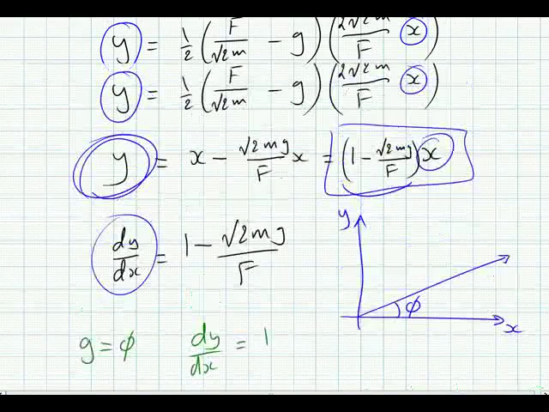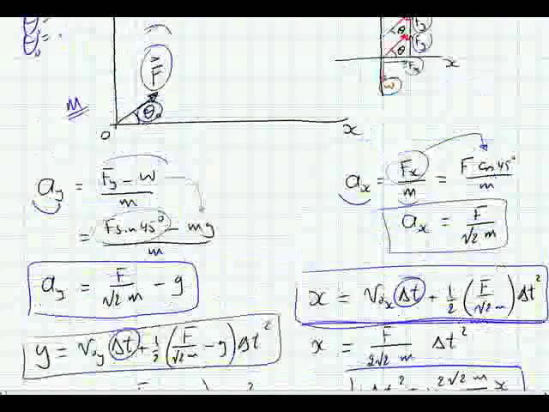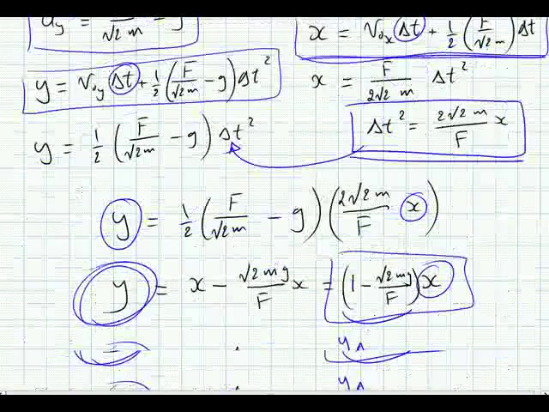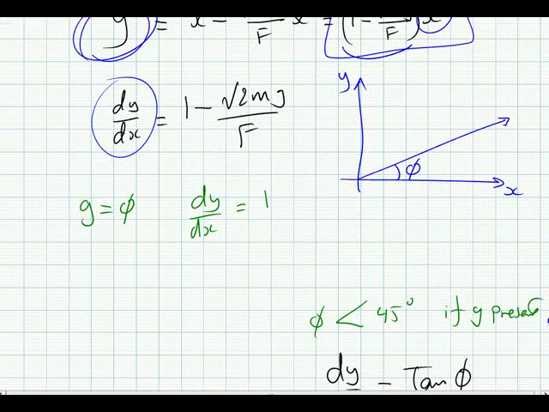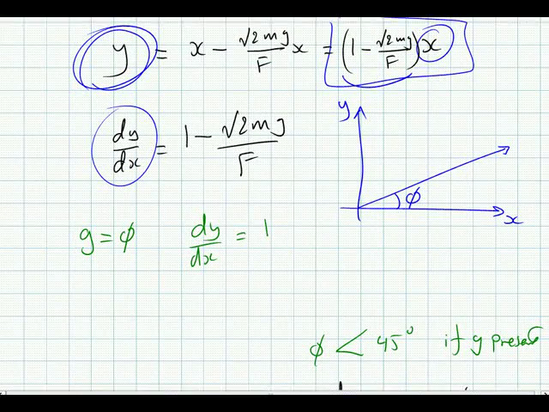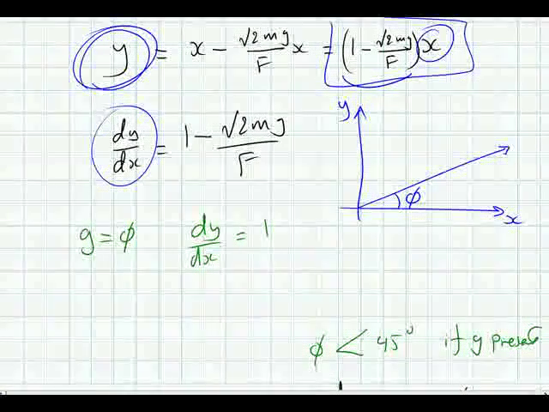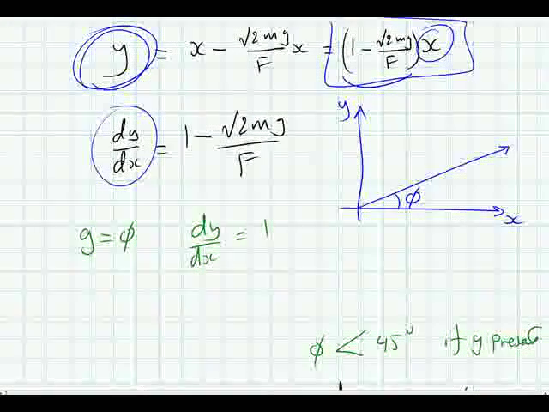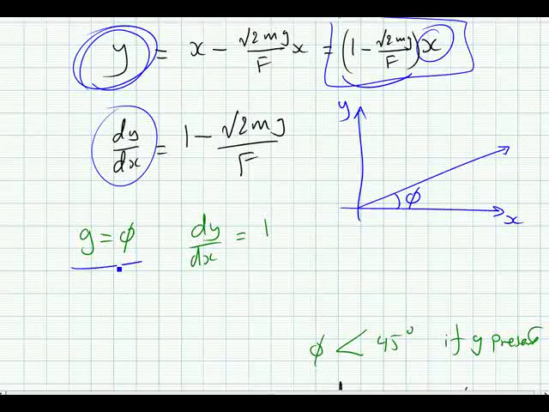Notice that the launch angle was 45 degrees as indicated here, but the slope is given by phi, where phi is equal to 45 degrees if g is 0.